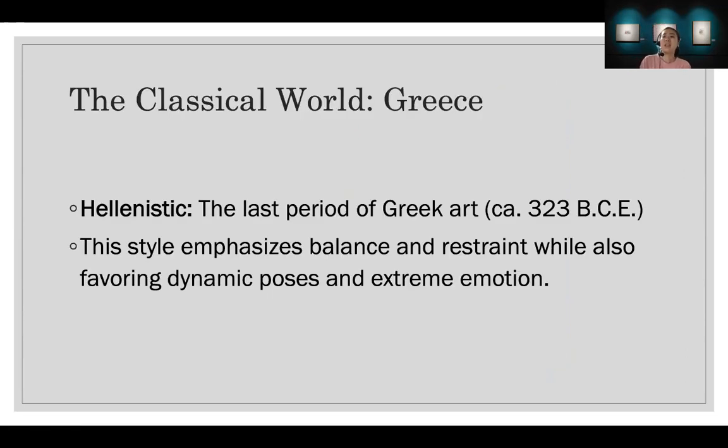Now let's see the last period of Greek art, called Hellenism. Hellenism begins about 323 BCE. This style emphasizes balance and restraint while also favoring dynamic poses and extreme emotion.